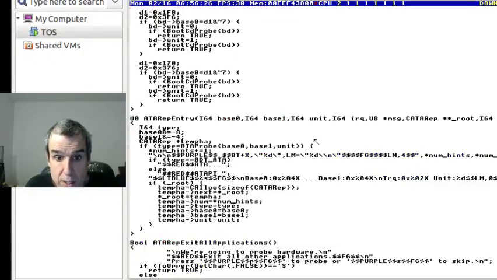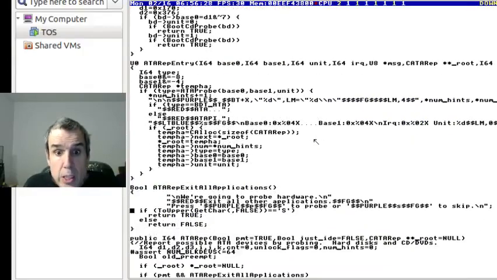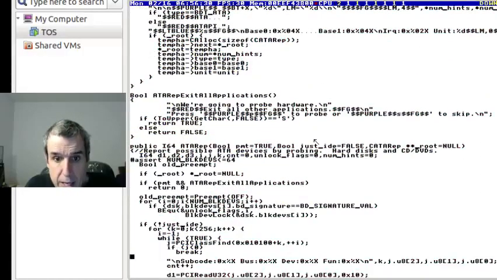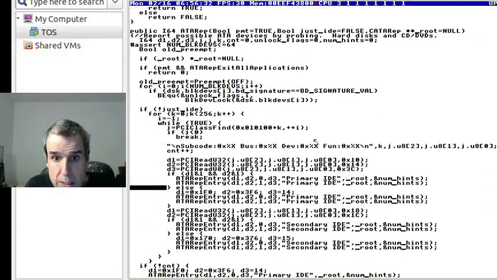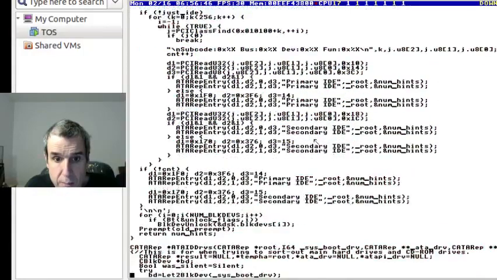ATA rep checks primary. It tries to make an entry for primary. Oh, let's see. First, it tries to find them.